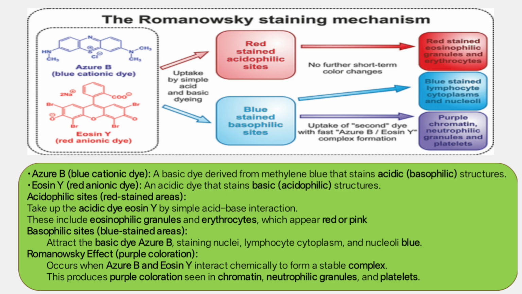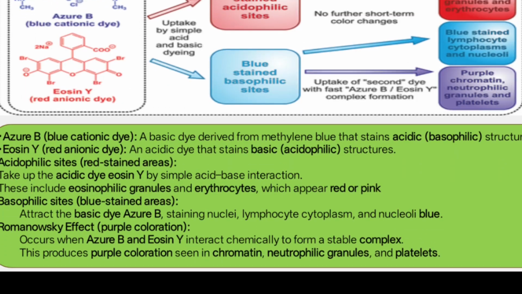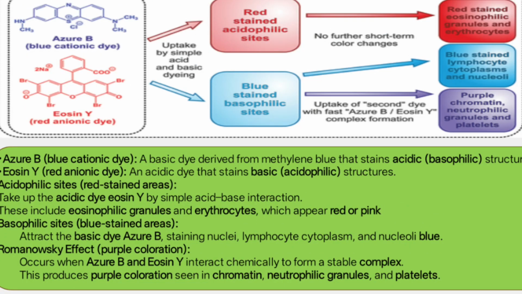Another important thing is the Romanowsky effect, that is a purple coloration. It occurs when azure B, the blue cationic dye derived from methylene blue, and eosin Y interact chemically to form a stable complex. You can see that one is taking the red stain, another is taking the blue stain, and the other one is taking the purple stain.